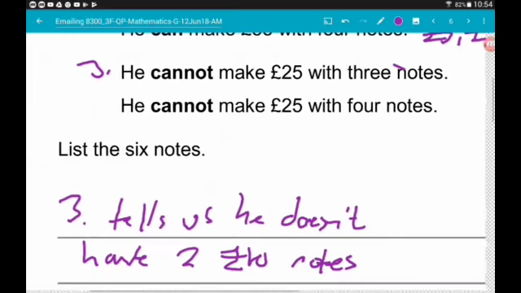And then we're told he cannot make £25 with 4 notes. So how would we make £25 with 4 notes? We would go 5, 5, 5, and 10.